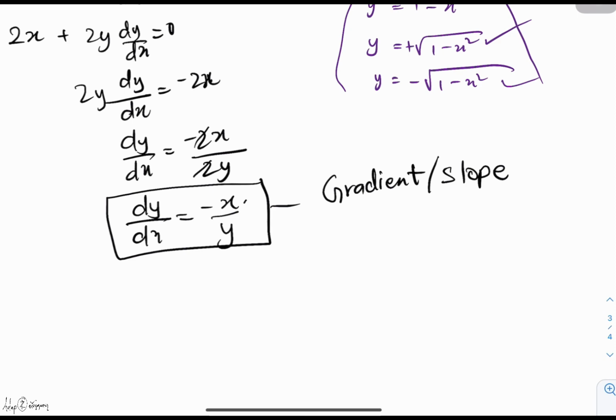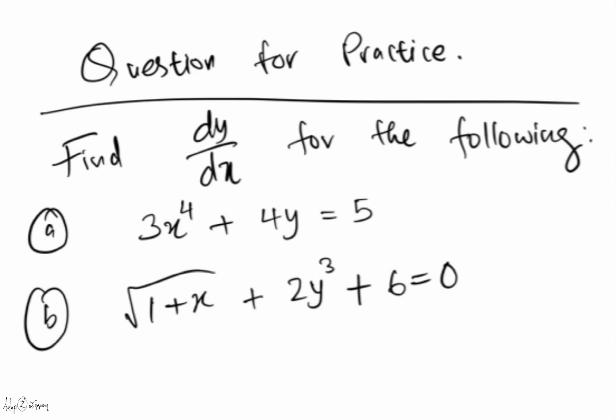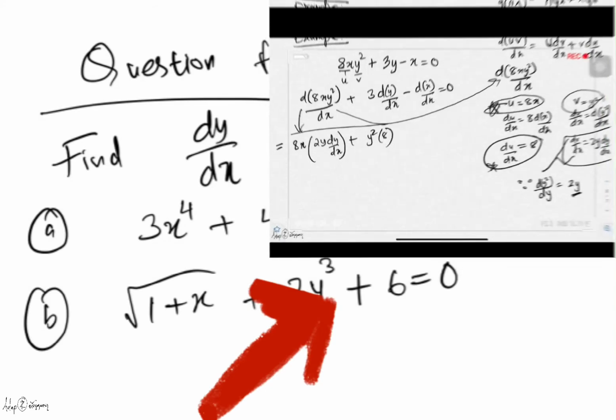Whatever the value of x you are given, you replace here, and whatever the value of y, you replace here, and that particular value will be your gradient. I hope you understood. Try this question to check your understanding, and you can find the answers in the other video, part 3.